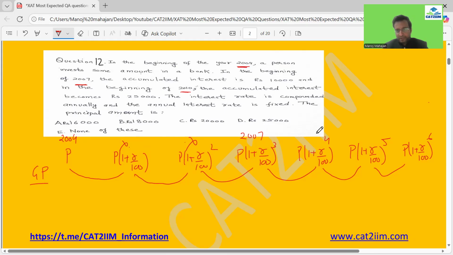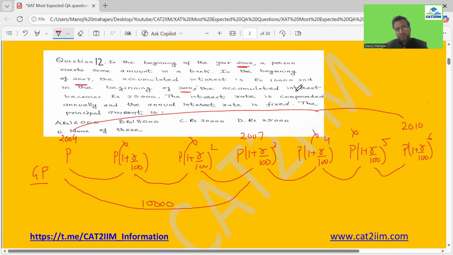So let me make you understand these two. Let's remove. So 2010, right? Okay. So what we are looking at now is that the difference between these two is given to us, that is 10,000. Okay. And difference between this portion and this portion is given, that is 25,000.